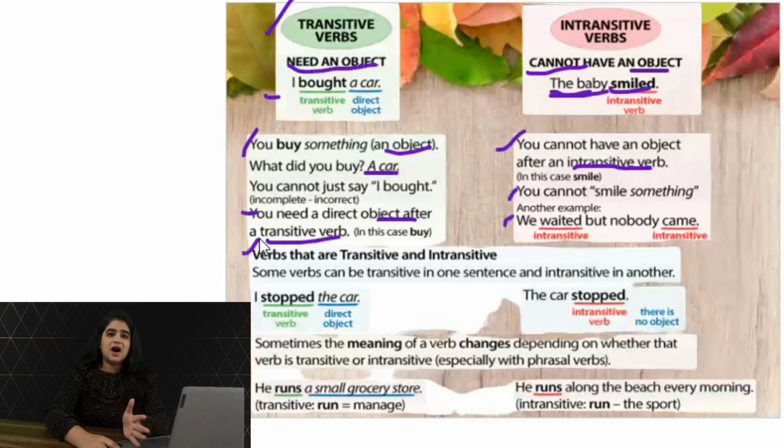Some verbs are used as transitive and intransitive as well depending upon the sentence. So let us look at the verbs that are transitive and intransitive both. Some verbs can be transitive in one sentence and intransitive in another sentence.